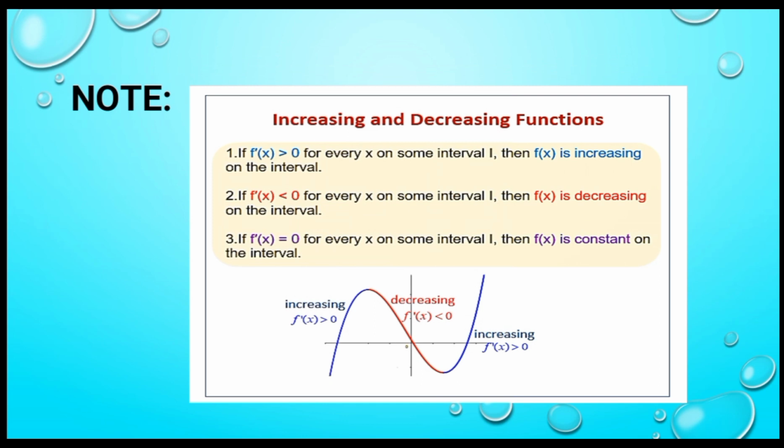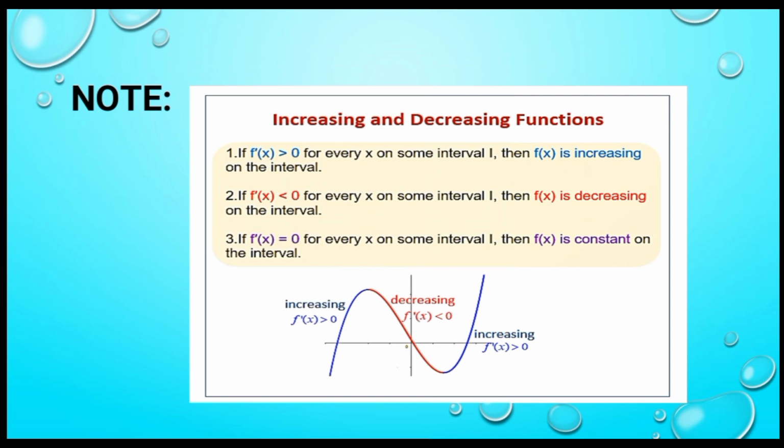There are three cases for an interval. First, if f prime of x is greater than 0 for every x on some interval I, then f of x is increasing on the interval.